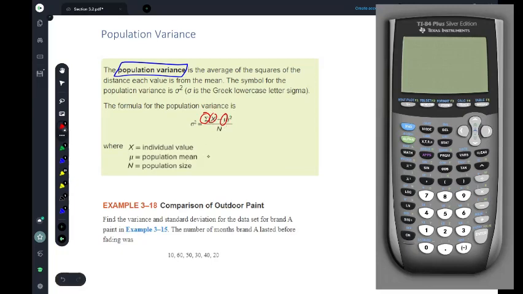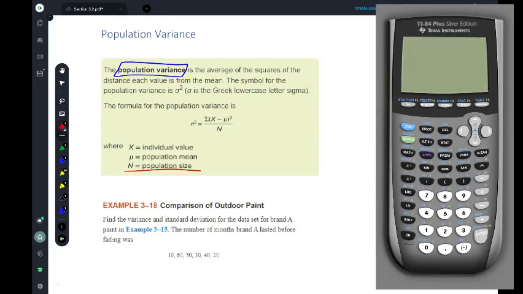We remember that mu is our average. So I'm going to take every individual data point and subtract my average from it. And then I'm going to square it. And once I do that, I'm going to add them all together. And then I'm going to divide by n, my population size. Okay? Still a little complicated.